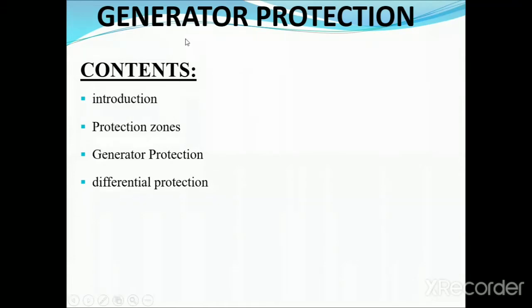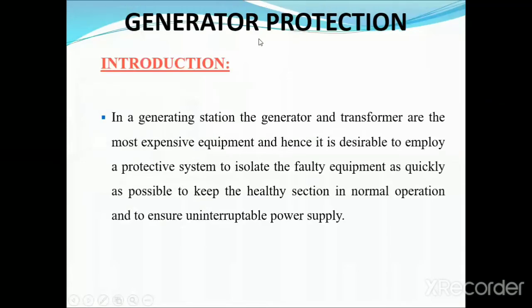That means why we give the separate protection for that generators, and also what the protective zones are. All that will be discussed, and also the generator protection and differential protection. These topics are to be covered in this class.